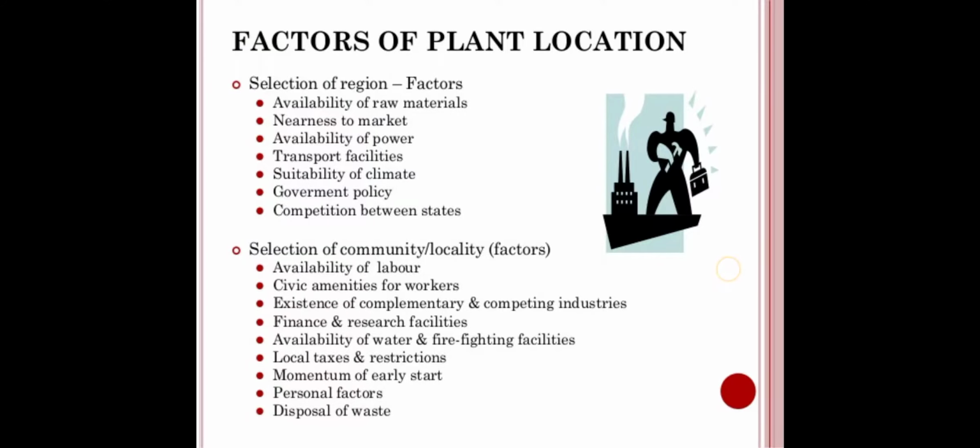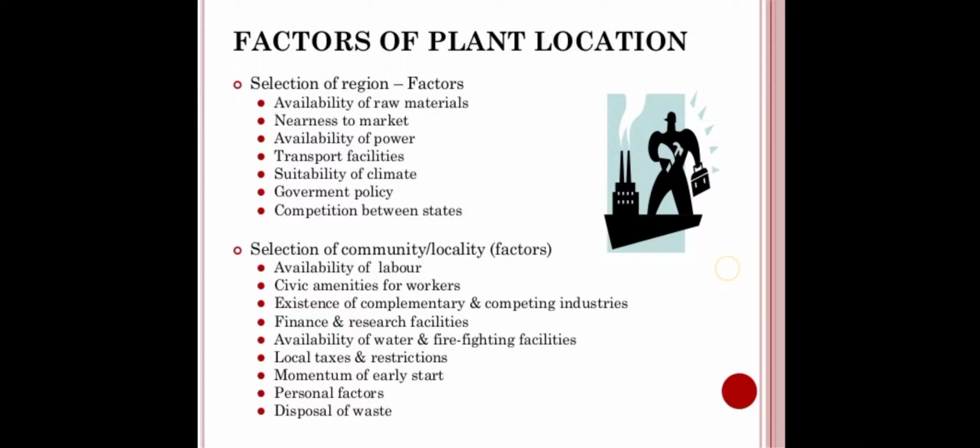Then availability of water and firefighting facilities. Availability of water and potable water, the quality of water, both are important in case of food plant design, because food plants are water dependent factories.